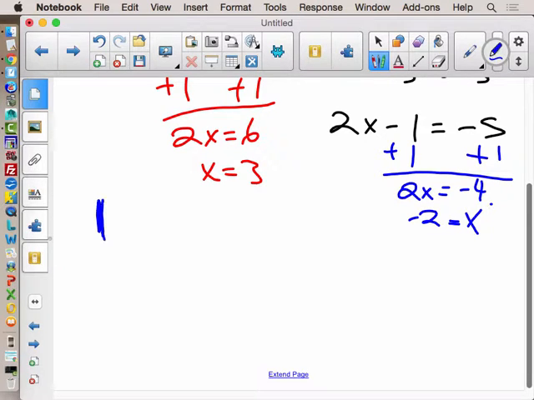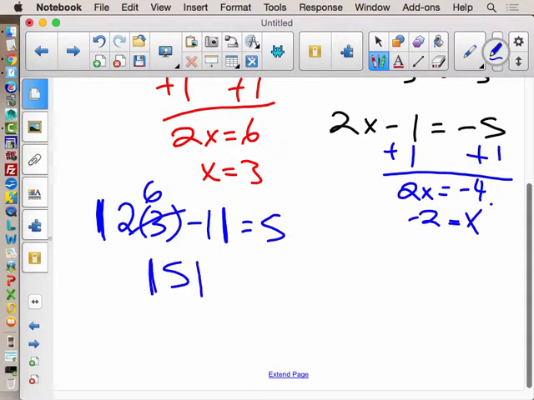The absolute value of 2 times 3 minus 1 should equal 5. Well, this goes to 6. 6 minus 1 is 5, so I get the positive 5 inside my brackets. On hindsight, I probably should have used the red marker for that, but that's okay.